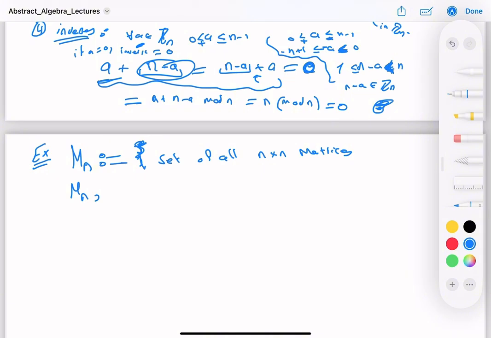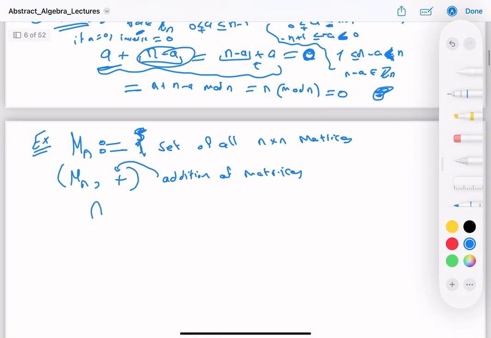What we're gonna do is equip this with addition, the element-wise addition of matrices that you're familiar with from linear algebra. If you have a matrix A equal to Aij, and a matrix B equal to Bij, we're gonna define A plus B to be Aij plus Bij, as a matrix.